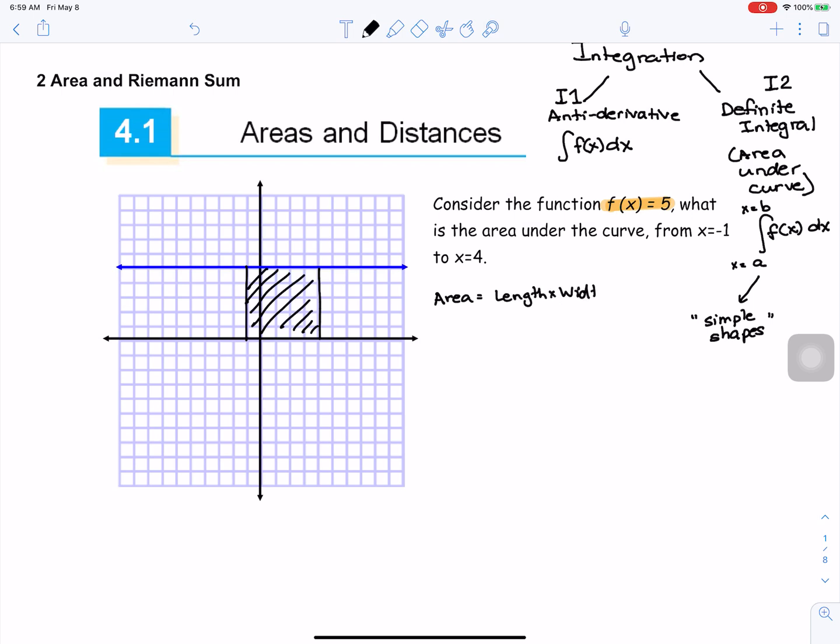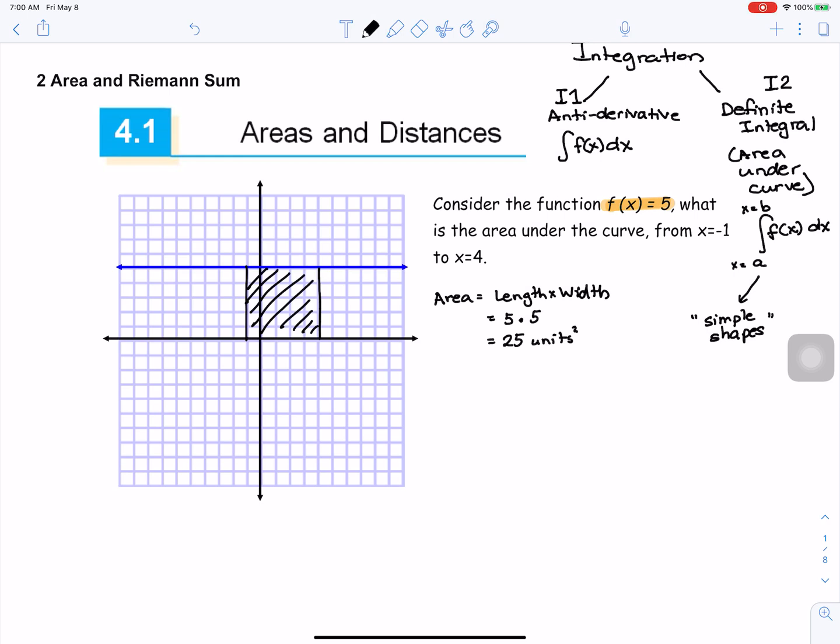The length of my rectangle is 1, 2, 3, 4, 5 units long. The width is 1, 2, 3, 4, 5 units long. I should call it a square, not a rectangle, because the length and the width are the same. This gives me an area of 25 units squared.